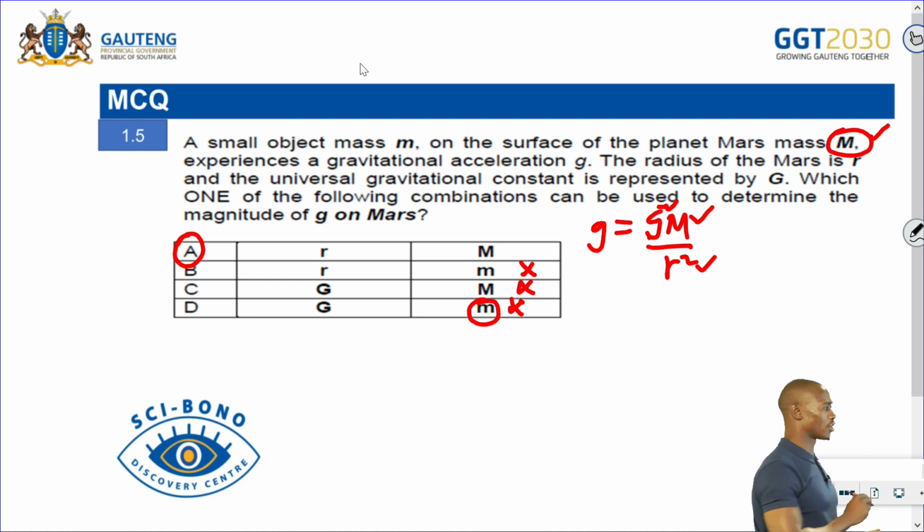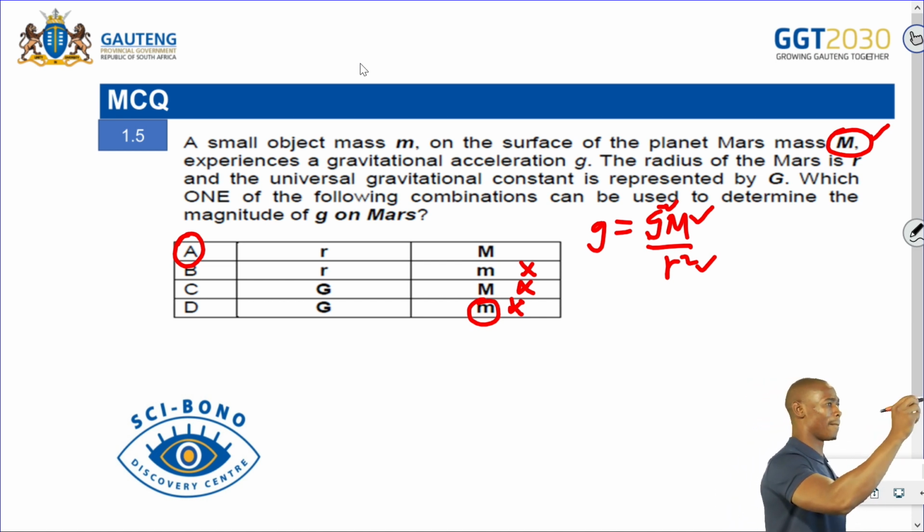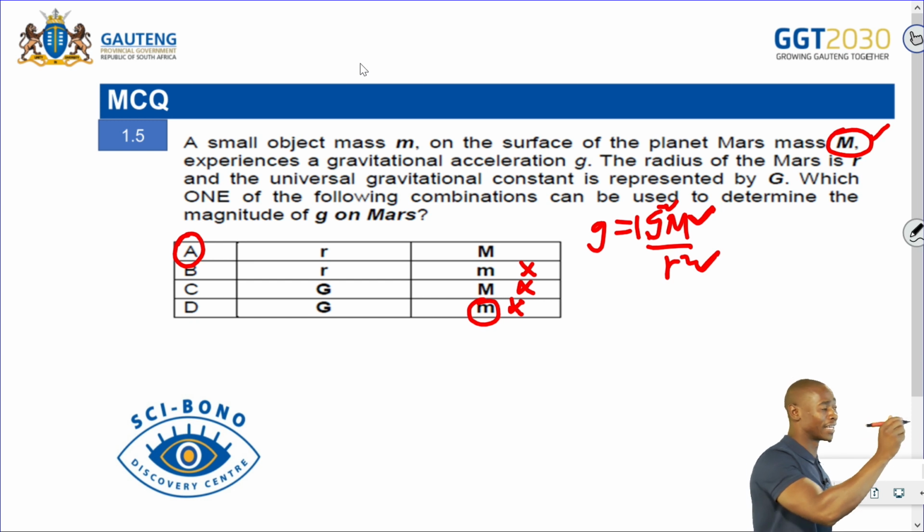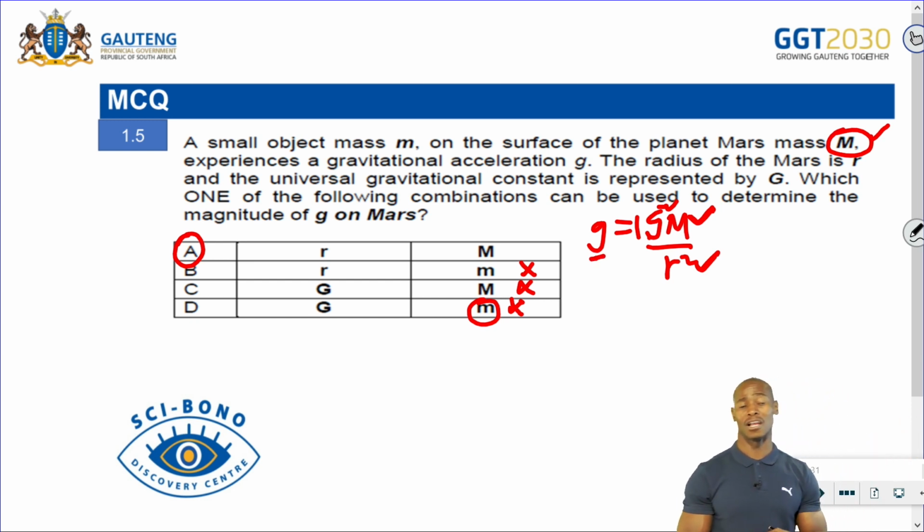The correct combination, we need the mass and also the radius, because G is always there. It's a constant, so it doesn't have that effect on getting the gravitational acceleration.